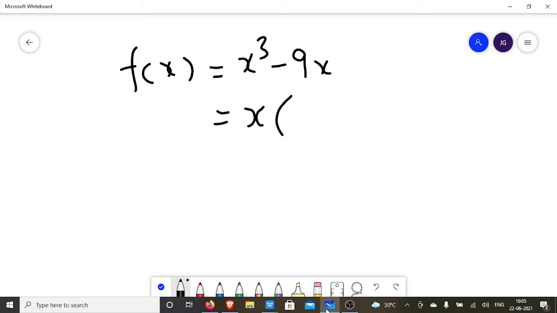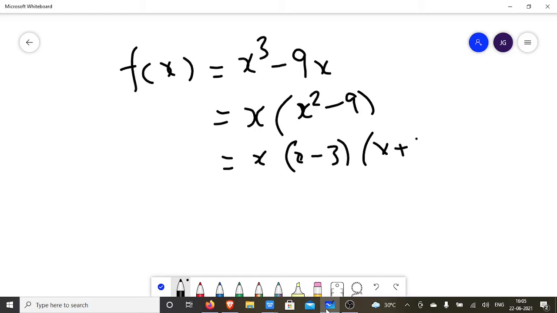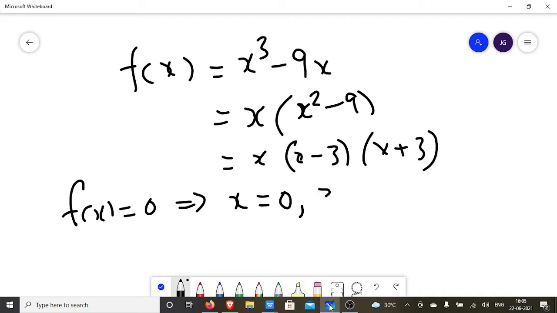So we can write f of x equal to x into (x square minus 9), which implies x into (x minus 3) into (x plus 3). So f of x equal to 0 implies x equal to 0, 3 and minus 3.